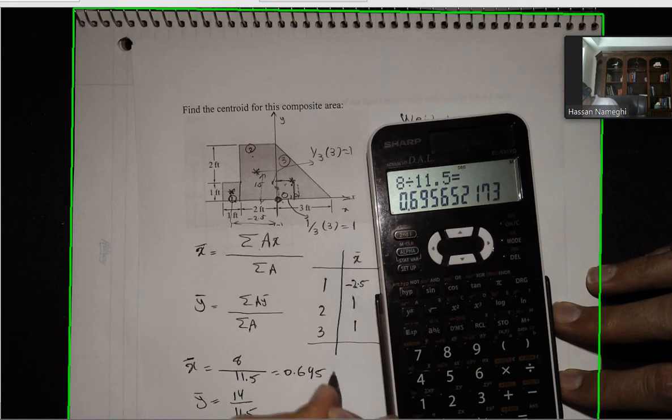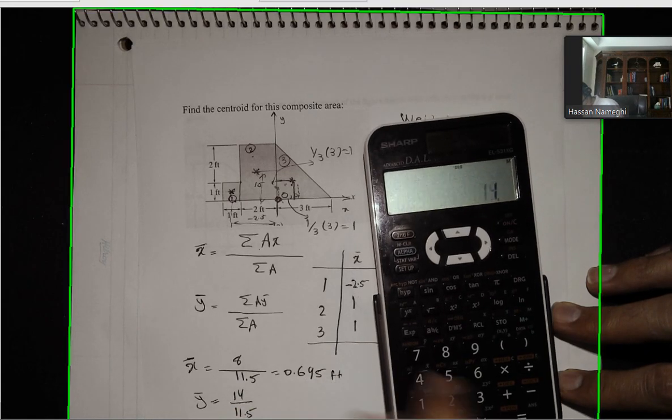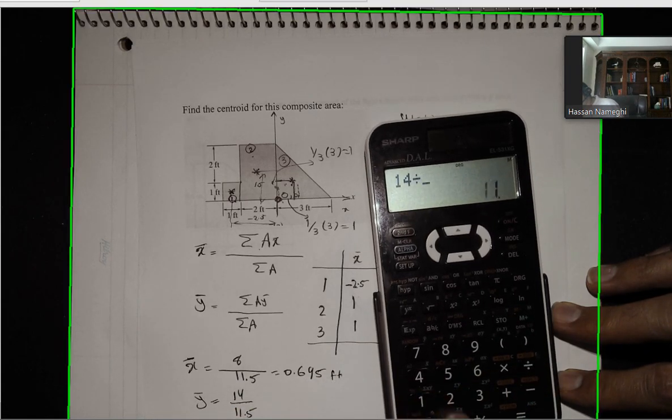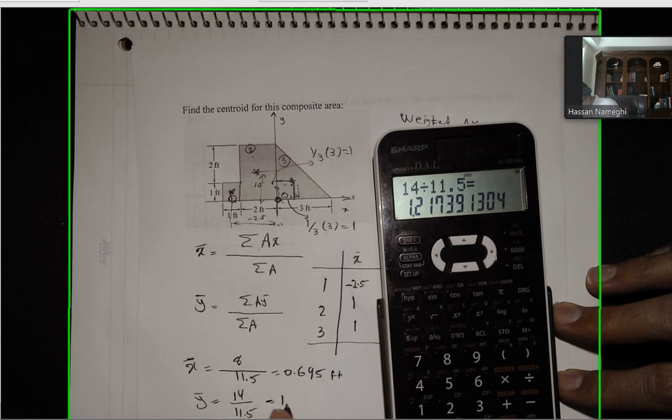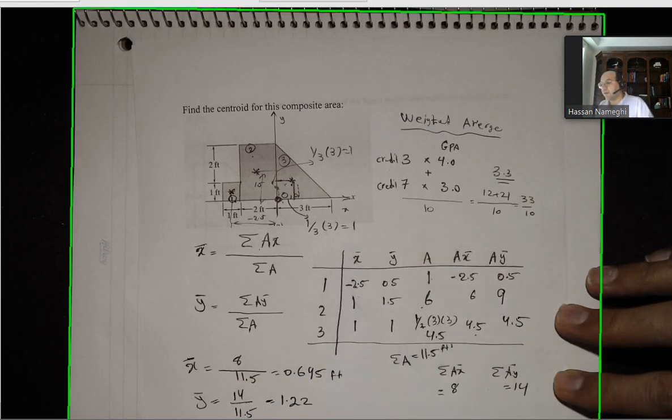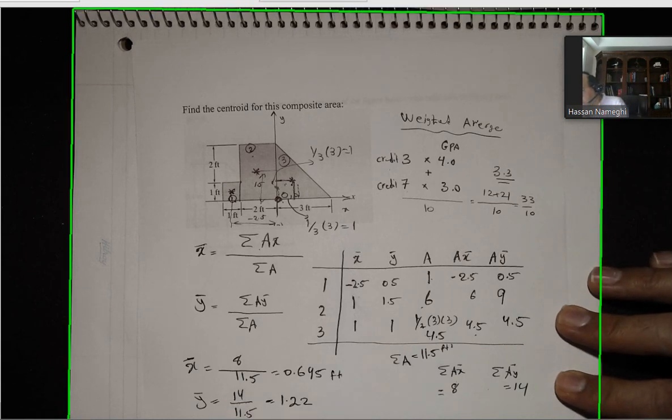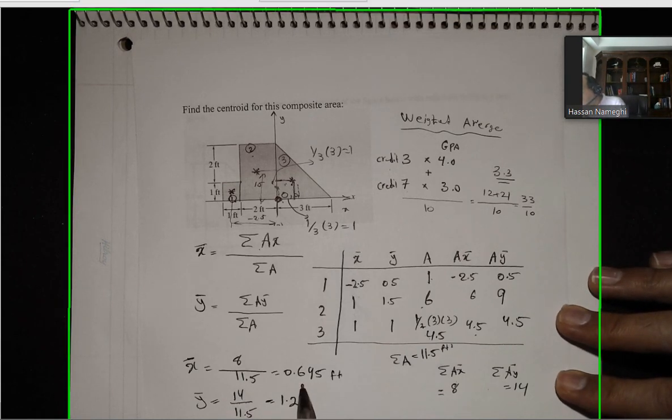And for y bar, 14 divided by 11.5 is 1.2. Kind of makes sense to me, because it's telling us that our x bar is 0.69, depending on the area.